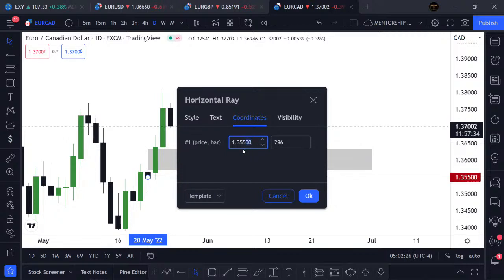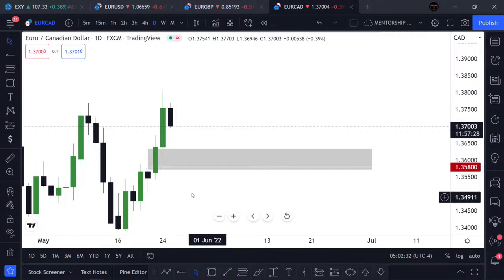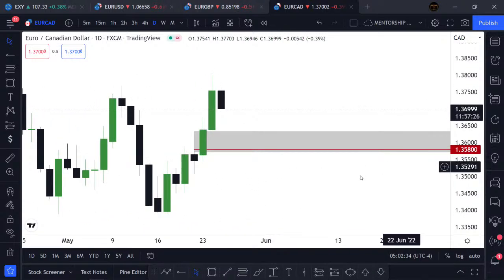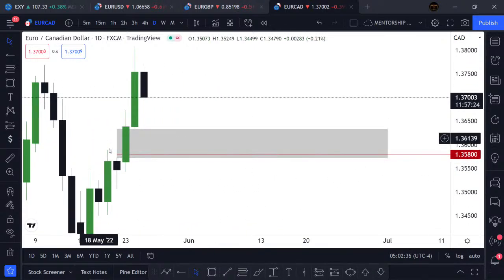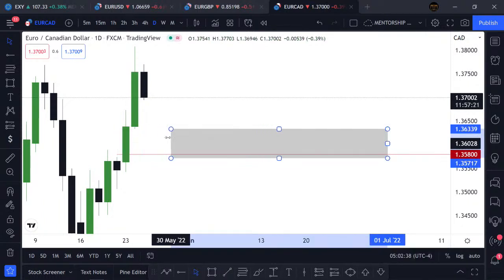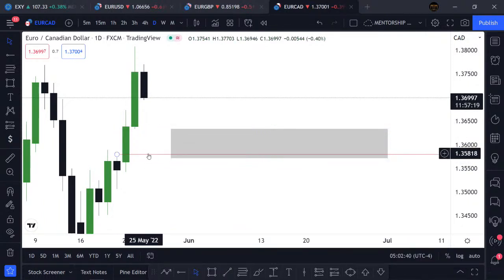Let's look at the 80 level. Okay, so the 80 level is actually above this wick here. So this red line is the 80 level above this candle's high.